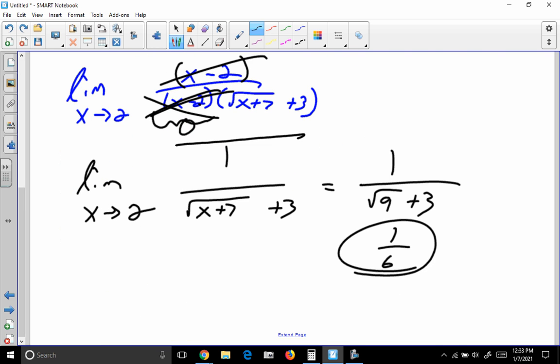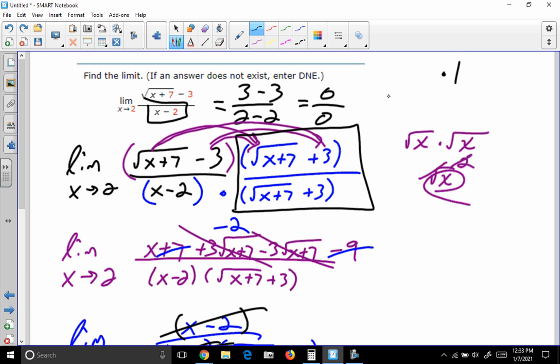So this fraction is equivalent to the original one. The only difference is where we are undefined, our domain. So they are going to approach the same y value when x is 2. So this one approaches 1/6. Therefore, the limit to this one is going to be 1/6 when x approaches 2.